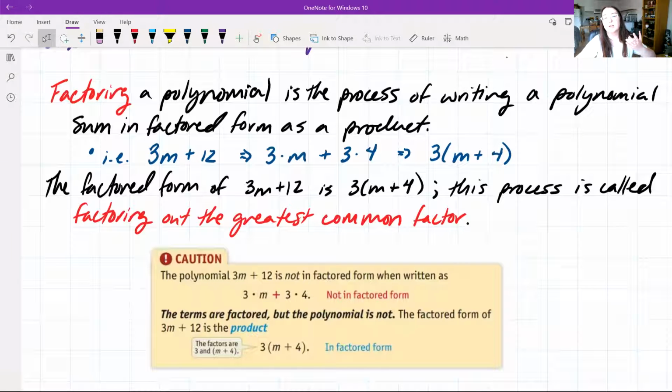So it's almost like you're doing a backwards distributive property. It's already been distributed and now you're moving backwards. So the terms are factored, but the polynomial is not. The factored form of 3m plus 12 is the product 3 times m plus 4, since we see the factors are going to be 3 and m plus 4.